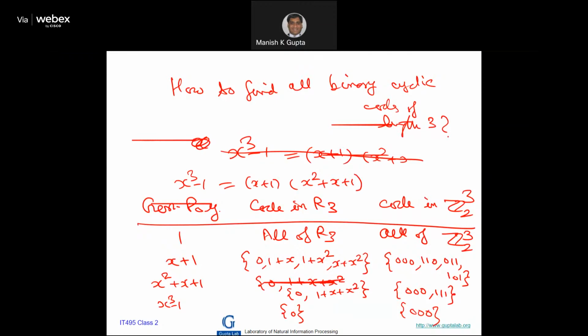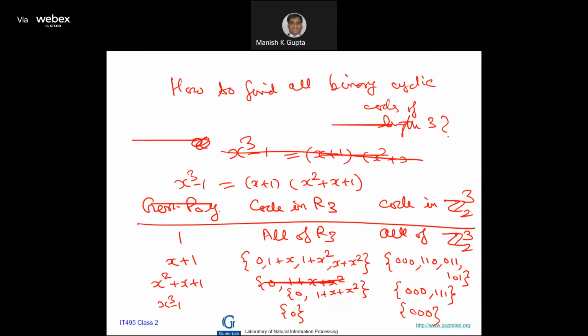Now, how to find factorization is another beautiful theory behind it, right? But I think you can clearly see that even this code is cyclic as well. The beautiful small code that we've used, repetition code, is also a cyclic code, right?